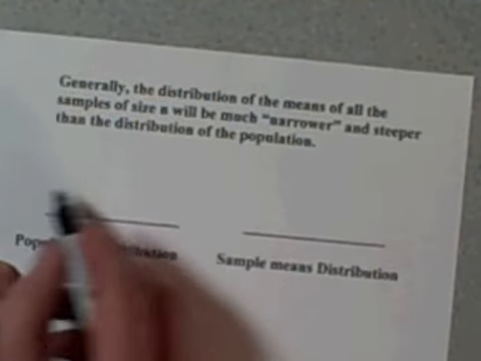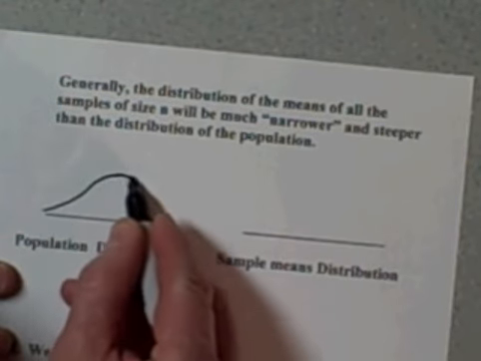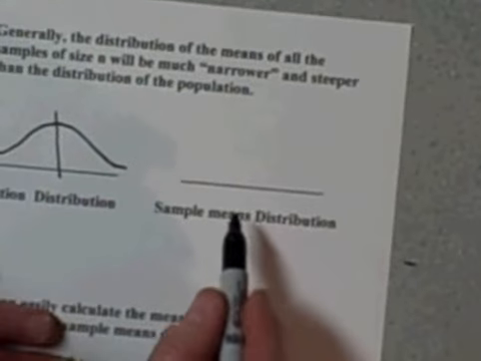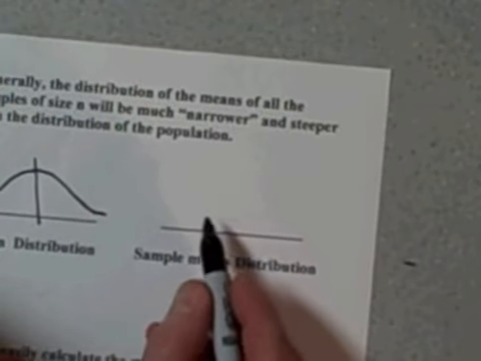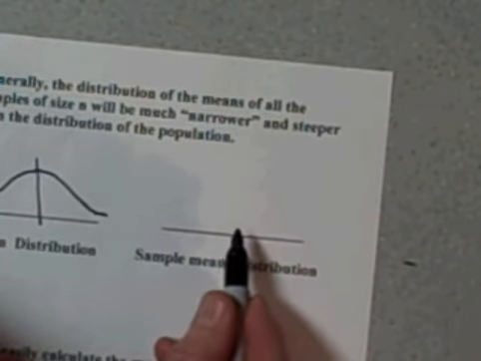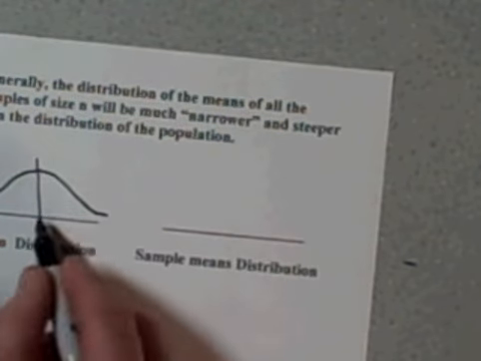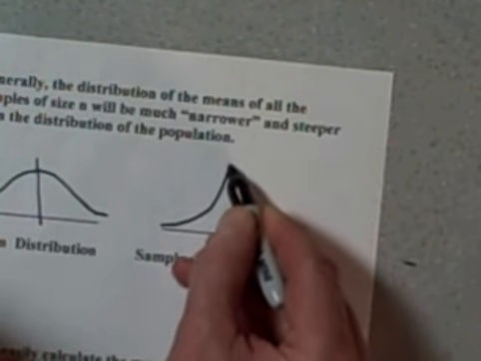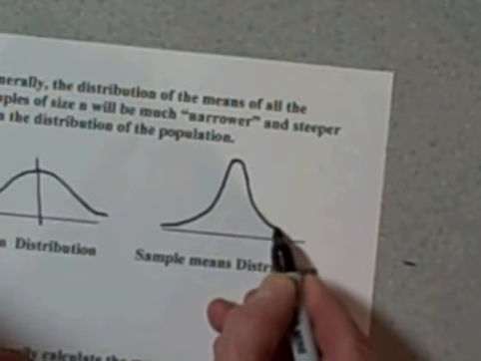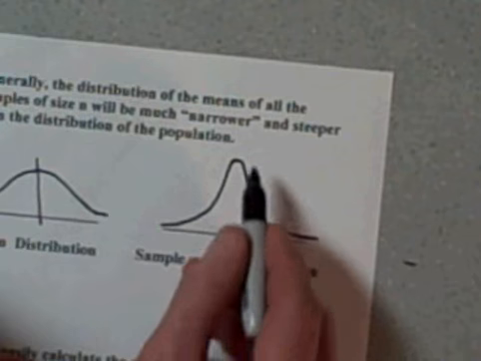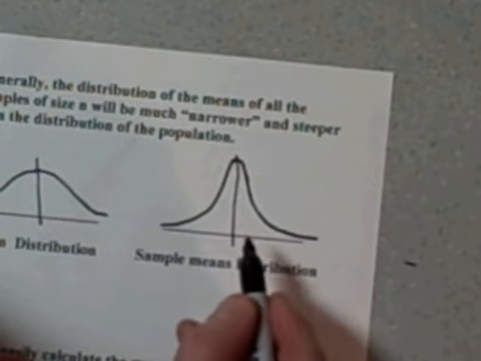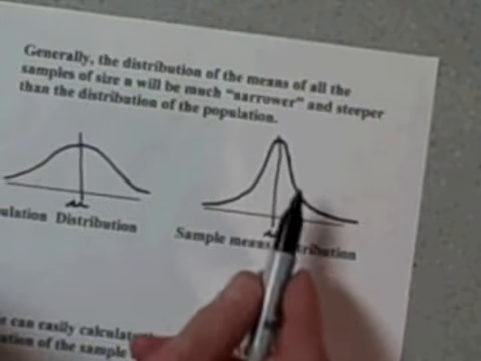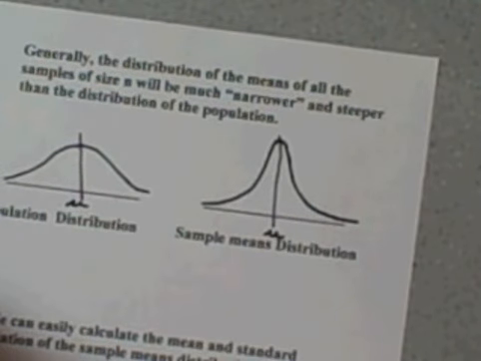If my original population has a normal distribution, with this being the mean, then in my sample means distribution, we will find most of the means clustered right around mu, the mean of the original population, and it'll look like this. And once again, right smack dab in the middle, the same value as over here. Just very much steeper and narrower.